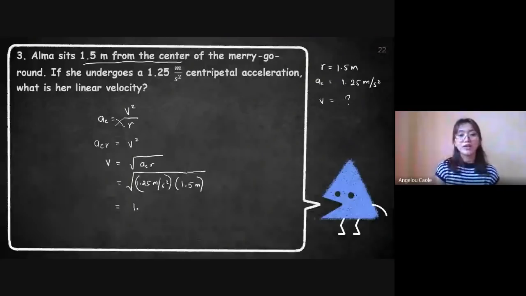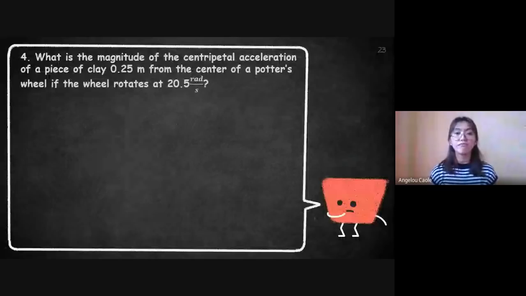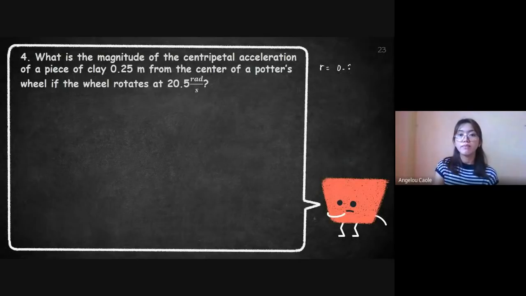And for the last example: what is the magnitude of the centripetal acceleration of a piece of clay 0.25 meters from the center of a potter's wheel if the wheel rotates at 20.5 rad per second? Our radius here is 0.25 meters, since it's already indicated that it's from the center of a potter's wheel, and it rotates at 20.5 rad per second.